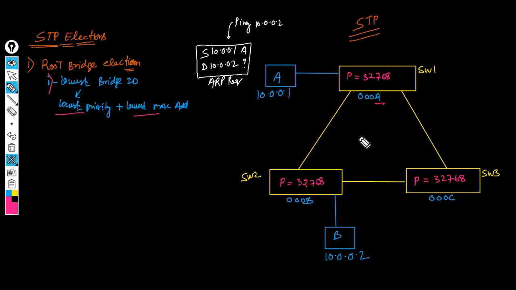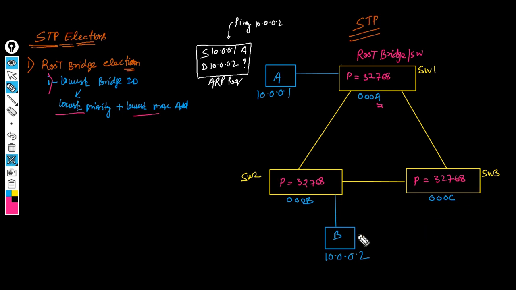When it comes to A, B and C, A is the lowest one, so this is going to be considered as my root bridge. You call it the root bridge or the root switch. So the root bridge election will take place.